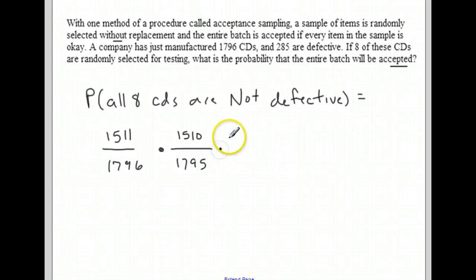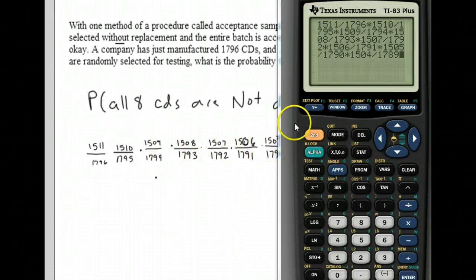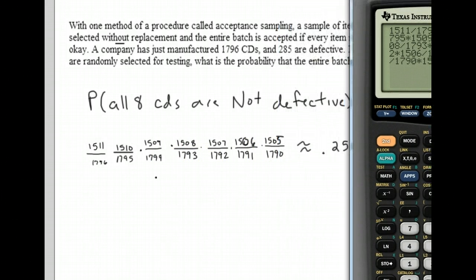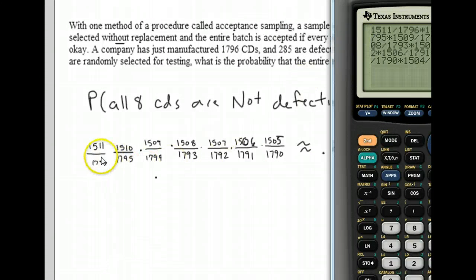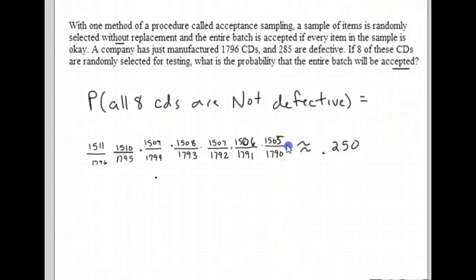Alright, and then we just need to keep going down with this, until we've got all 8 CDs accounted for. So if you look, I've got 1, 2, 3, 4, 5, 6, 7. Oops, I went down one more here. That last one should be 1504 over 1789. So I should have all 8 things on there.